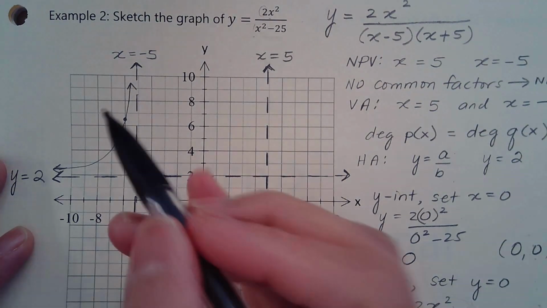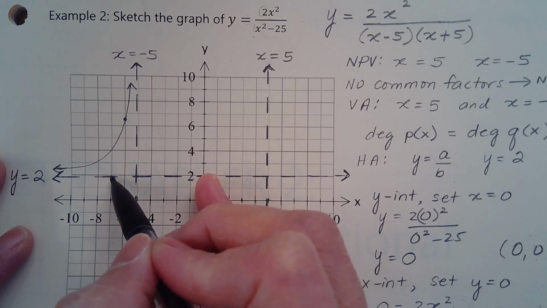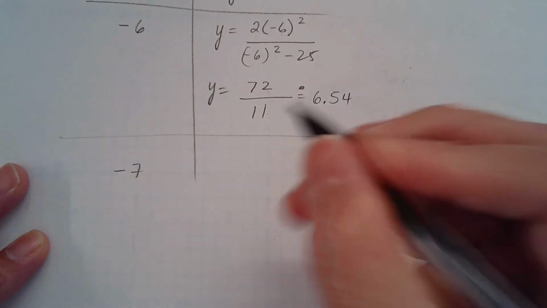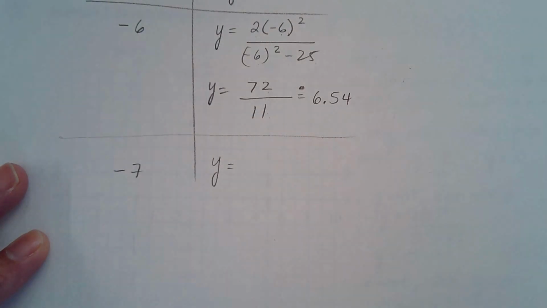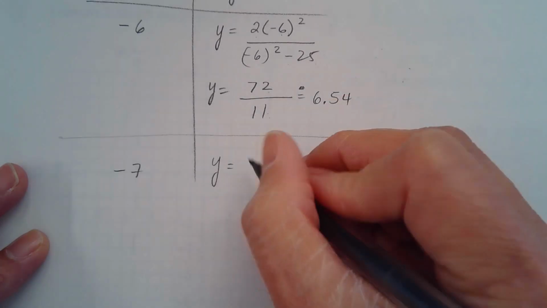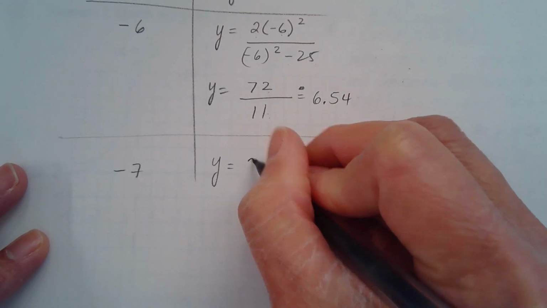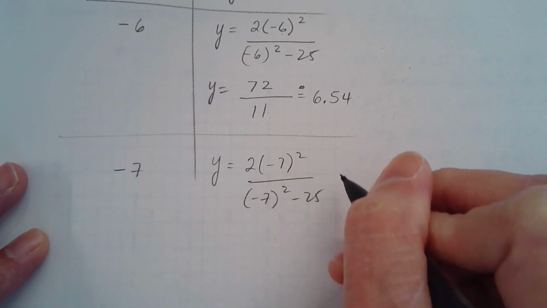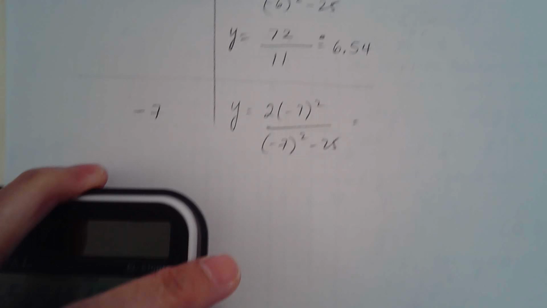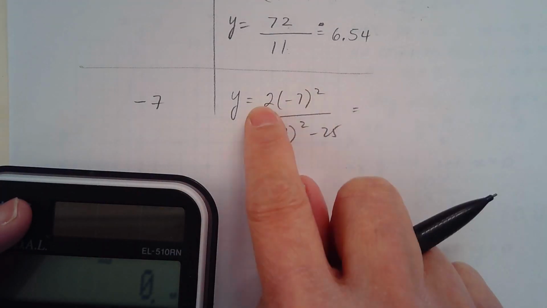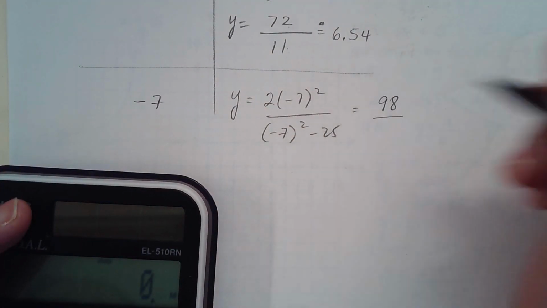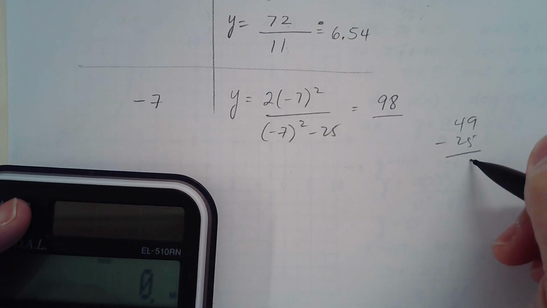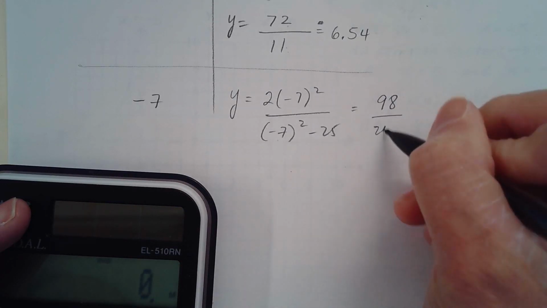Now, if you try another one, if you try -7, okay, what would be -7? That's going to be 2 times -7 squared over -7 squared minus 25. That's going to give you 49, 98 positive, and then 49 minus 25 would be 24.